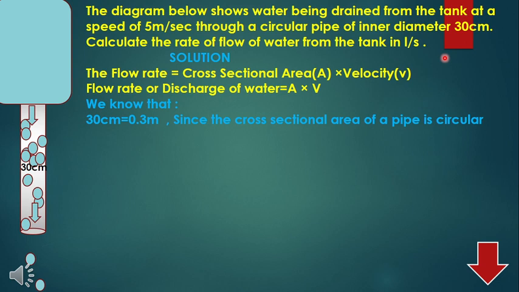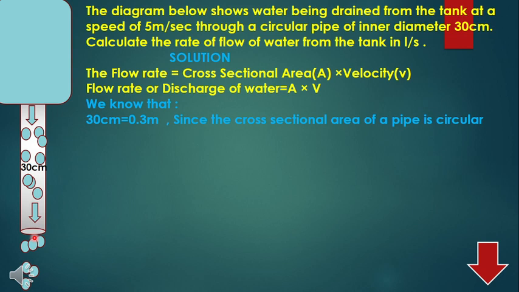Since the cross-sectional area of a pipe is circular, we need to calculate the area of a circle, that is the circle at the tip of this pipe, so that we can find how much water is being drained at a given second.